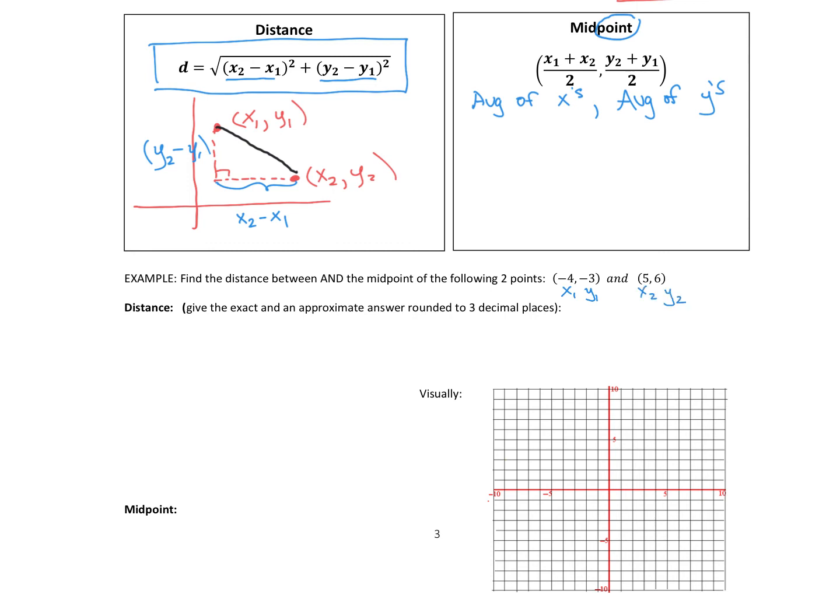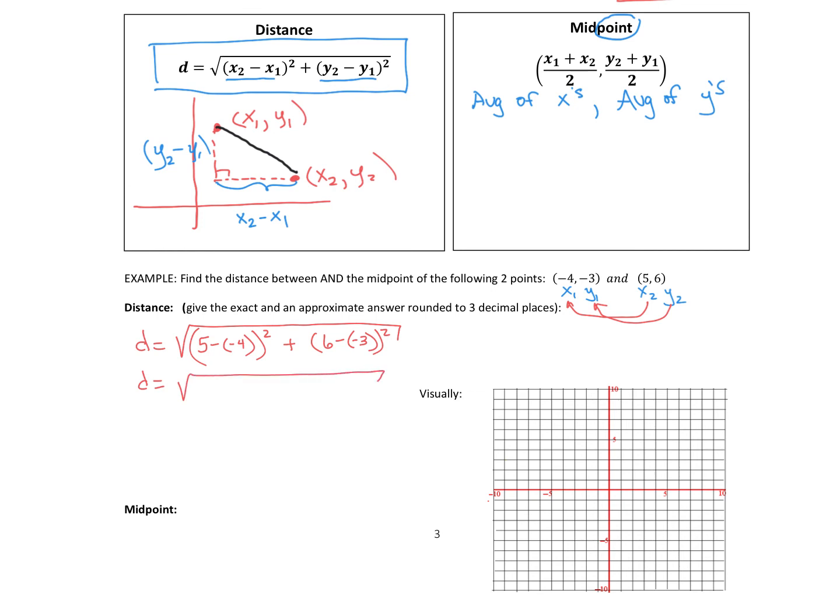And if we use the distance formula, we're going to say the difference of the x's, so 5 minus negative 4, squared, and 6 minus negative 3, squared, and then we'll simplify.